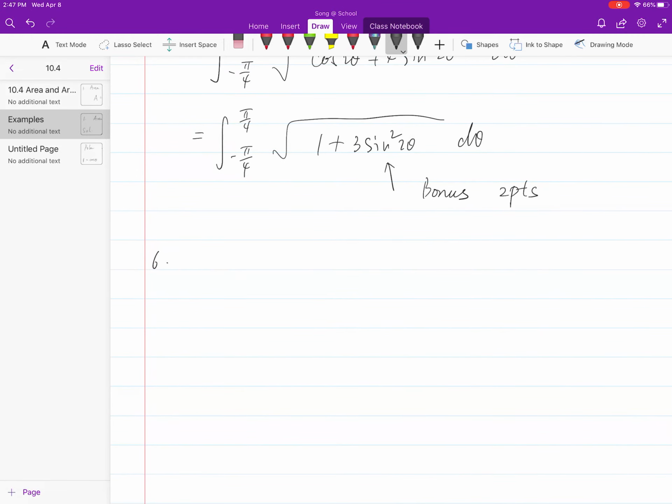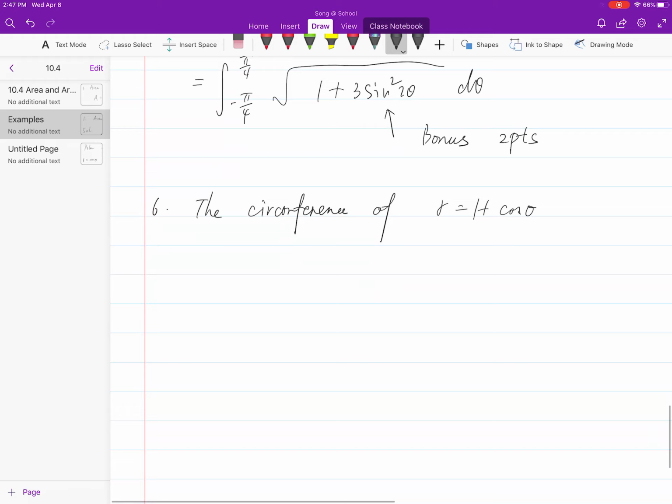Okay, finally, the circumference of the butt function, r equals 1 plus cosine θ. This will be the last example of the whole semester, so be graceful.